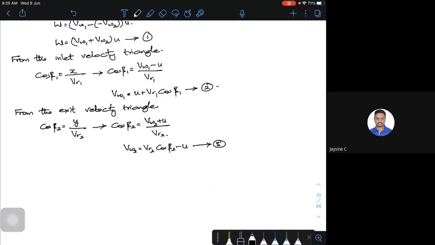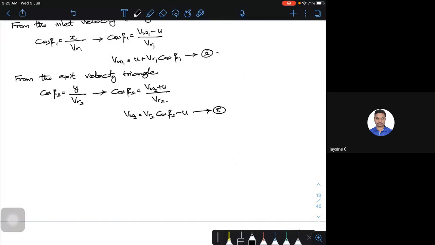Substitute for VW1 and VW2 in equation 1. Therefore, your work done is equal to, what is VW1?